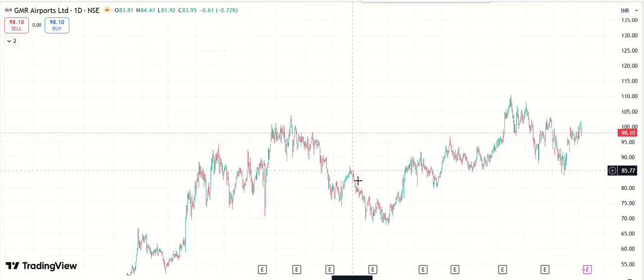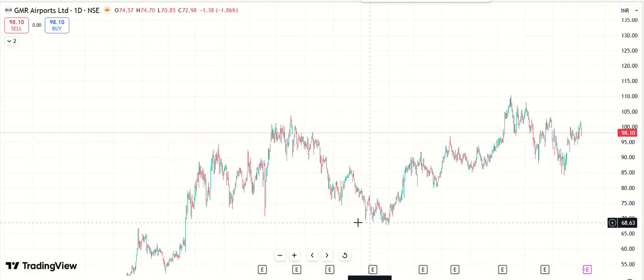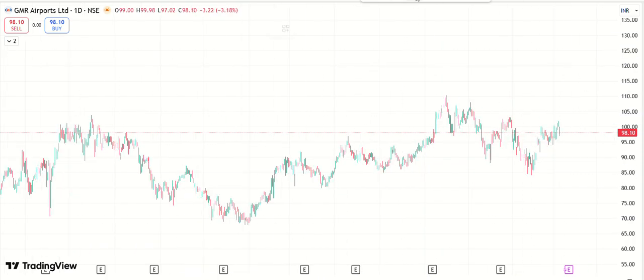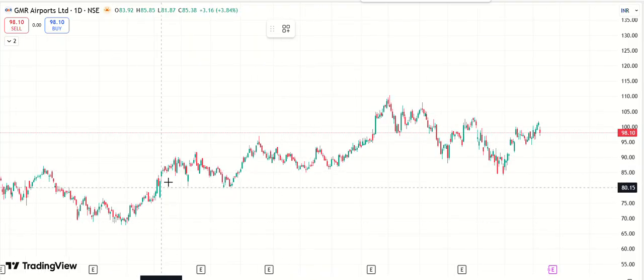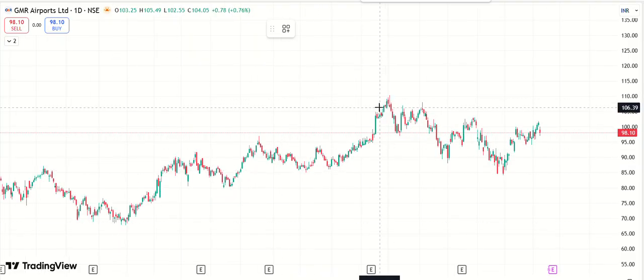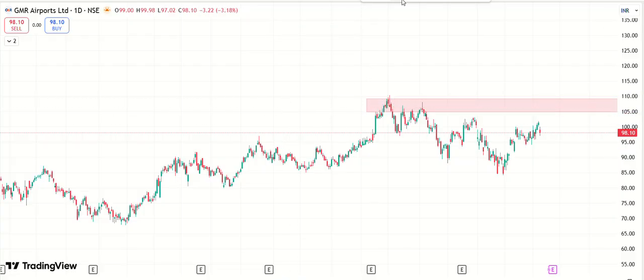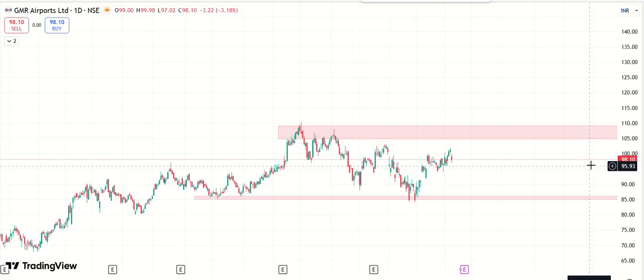Actually, it was in an uptrend, came back to a support region that was previously resistance, and went back again to the resistance. So from here it was an uptrend. There was a resistance over here. Then it came back and took a support here.